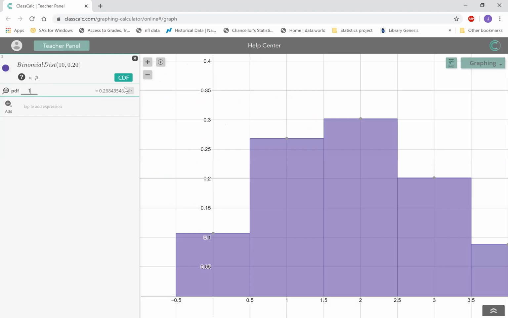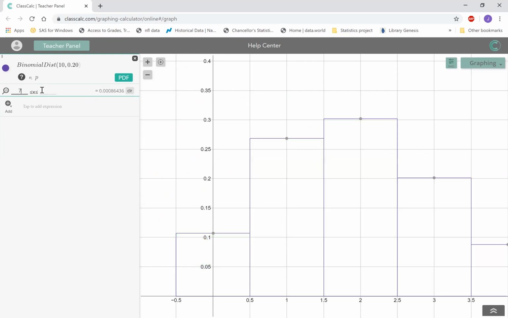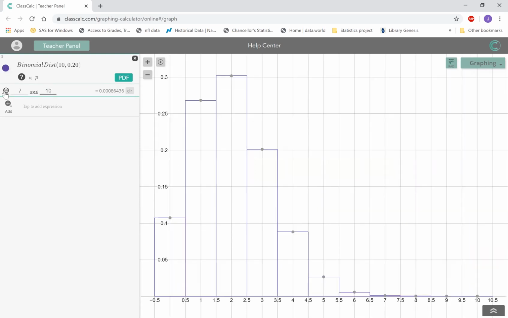All right, so in ClassCalc, I'm going to select CDF. I'm going to clear this. Get this one out. So if you look at it, it says x. So I'm going to say the lowest x is 7. I'm going to say the highest x is 10. And let me actually zoom in on this. If you look at my histogram right here, you can see here are 7, 8, 9, and 10.